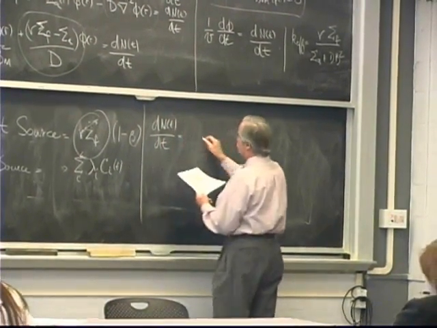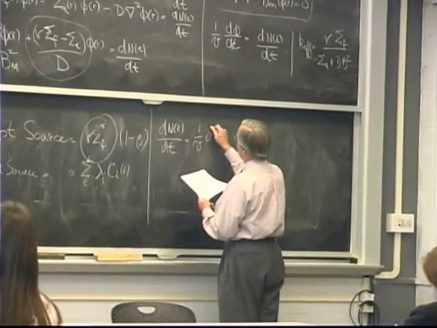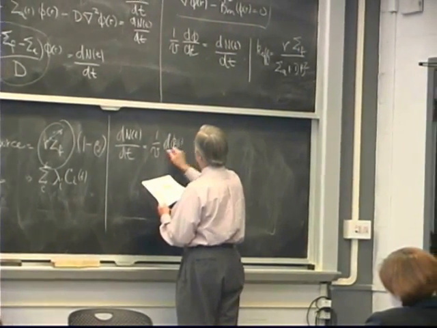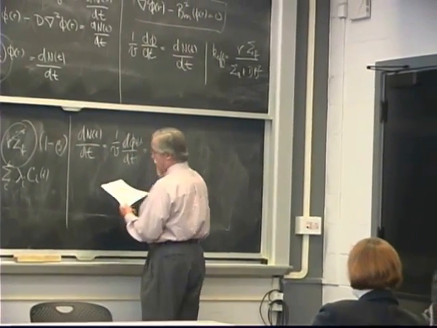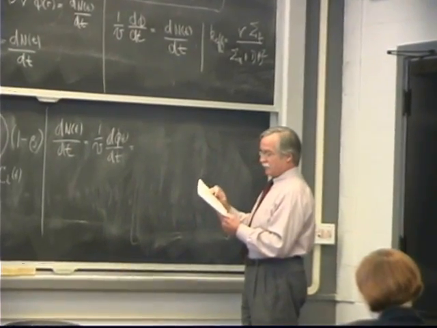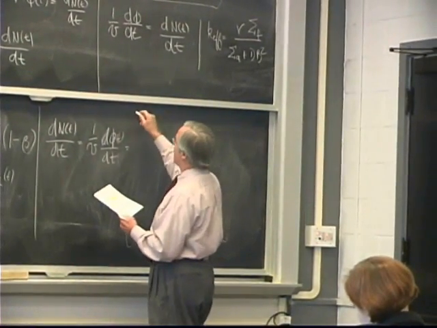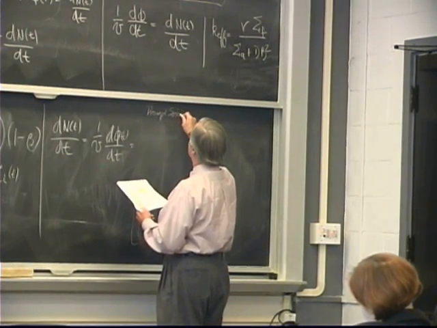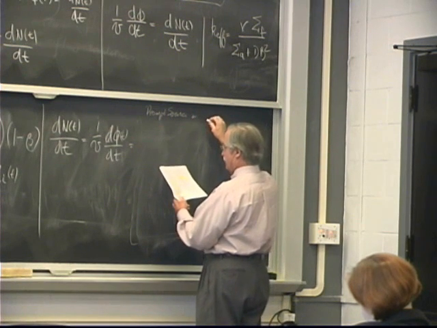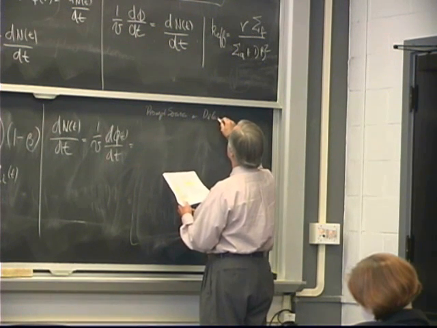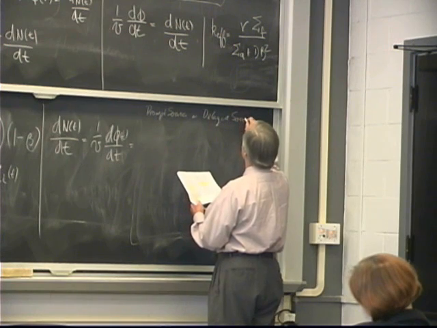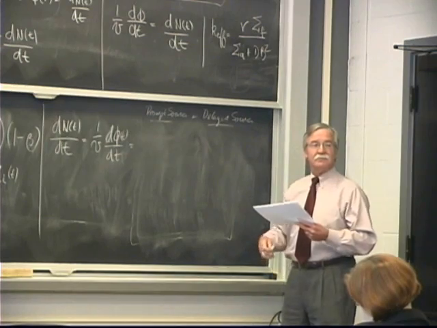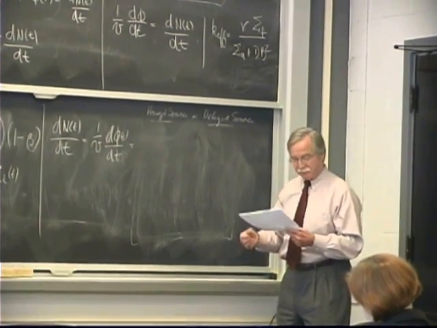We can write that as 1 over the velocity times the flux as a function of time. So we have the prompt source, and we have the delayed source, and then we have the usual absorption and leakage, right?